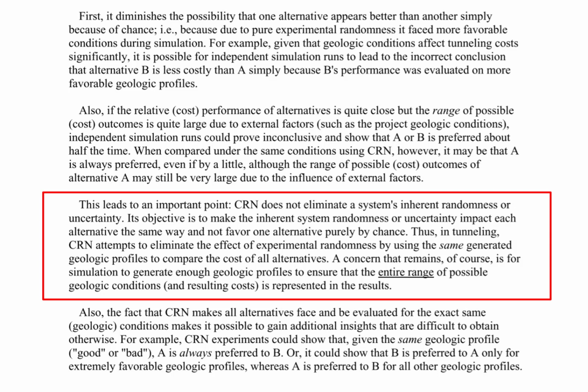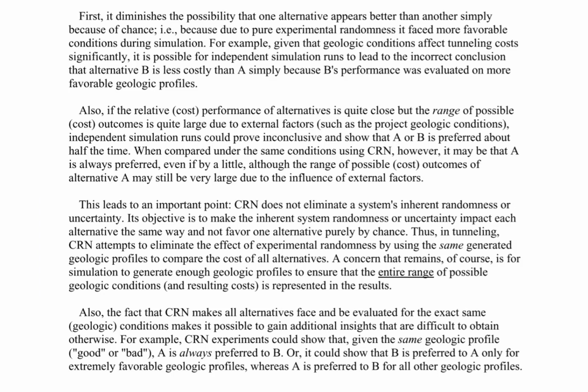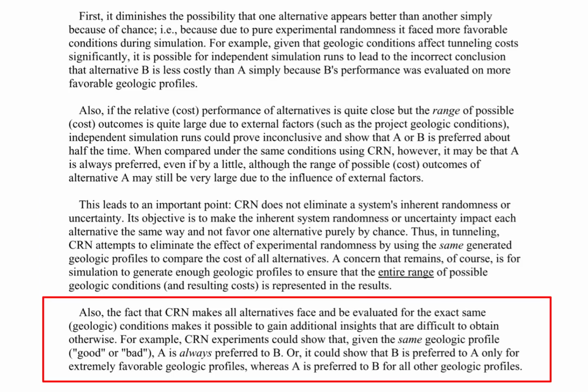A concern that remains, of course, is for simulation to generate enough geologic profiles to ensure that the entire range of possible geologic conditions and resulting costs is represented in the results. Also, the fact that common random numbers makes all alternatives face and be evaluated for the exact same geologic conditions makes it possible to gain additional insights that are difficult to obtain otherwise.